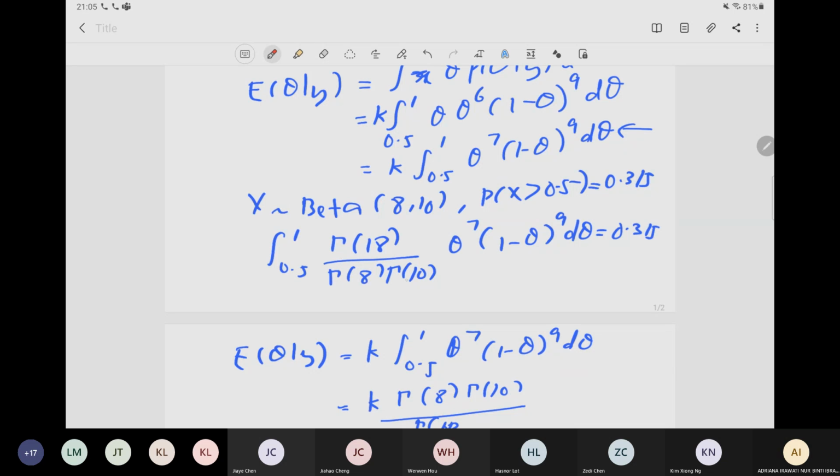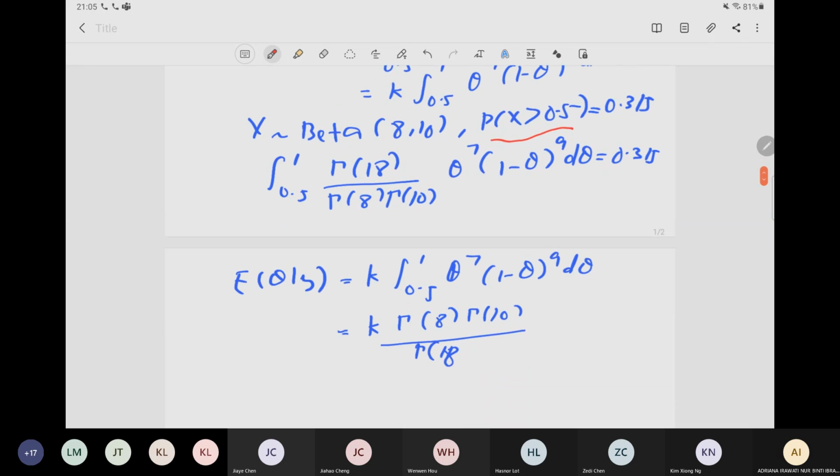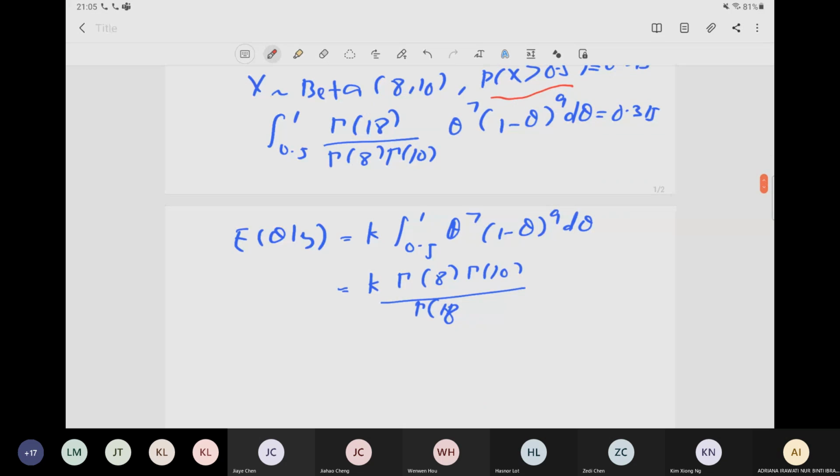This is the beta PDF, and the probability of x bigger than 0.5 is this. Then the one you want to find is this part, theta given y.